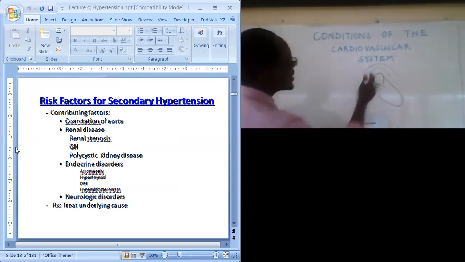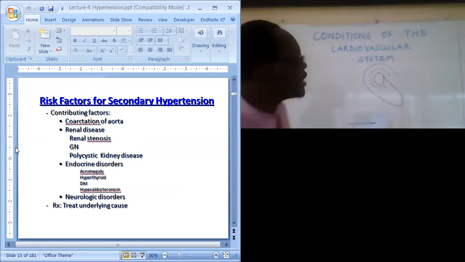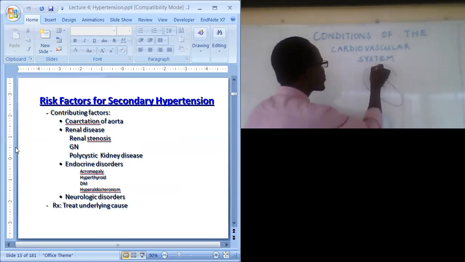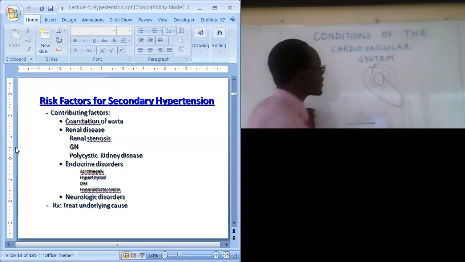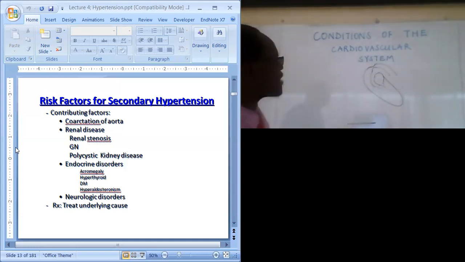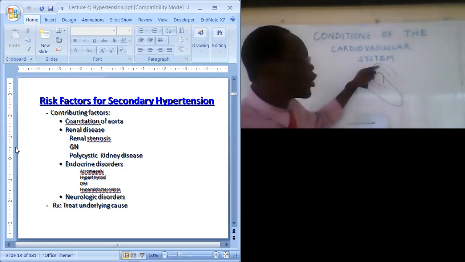Now, with coarctation of the aorta, we mean that the aorta constricts at that point, something like that. In other words, the lumen of the aorta reduces.